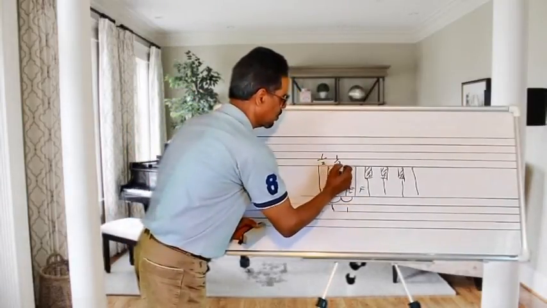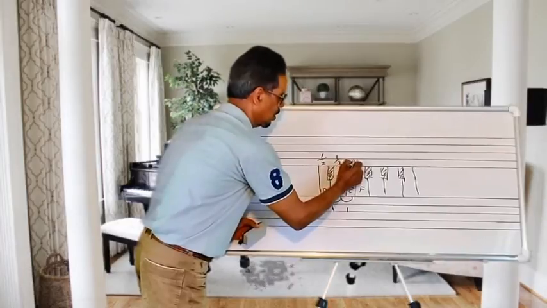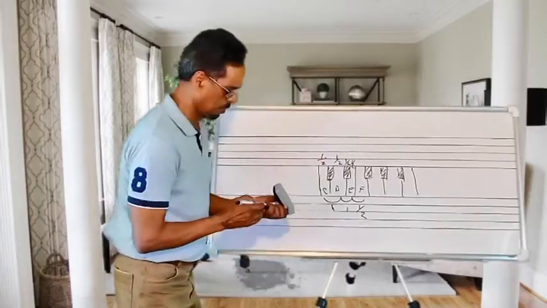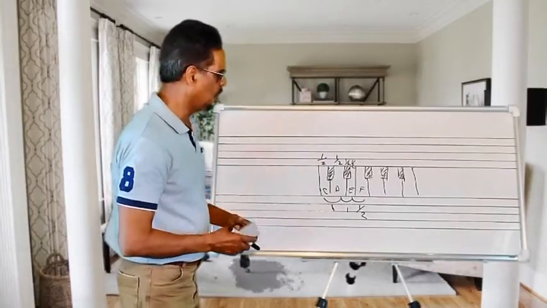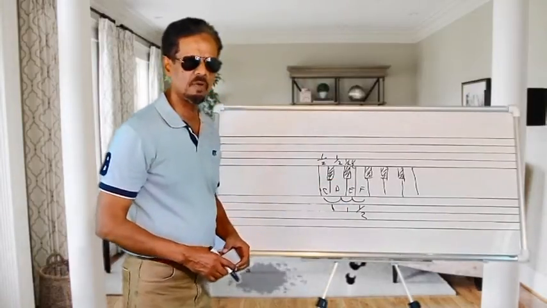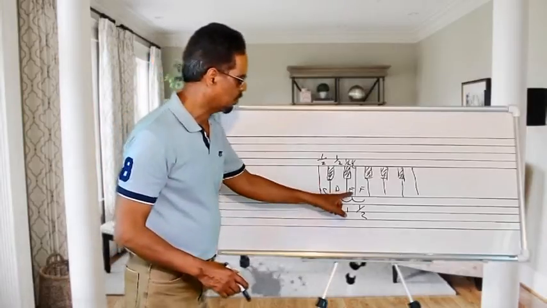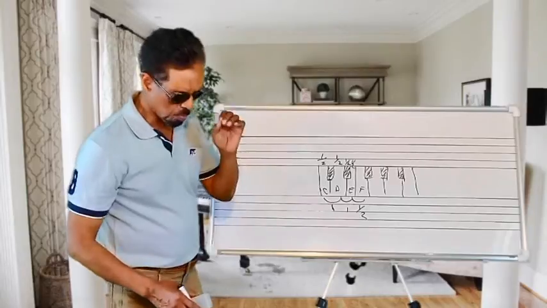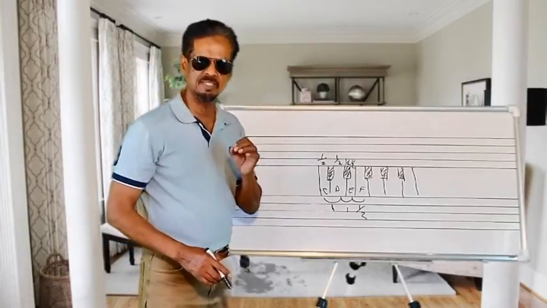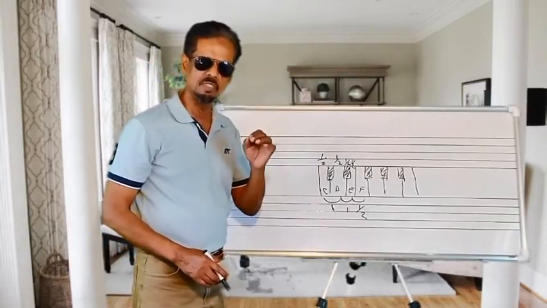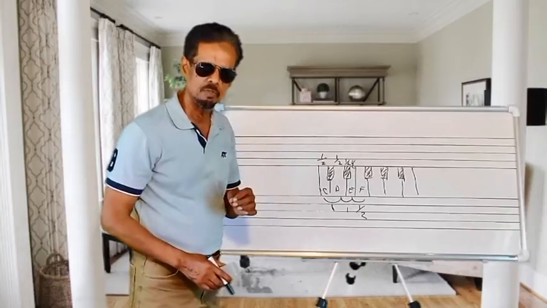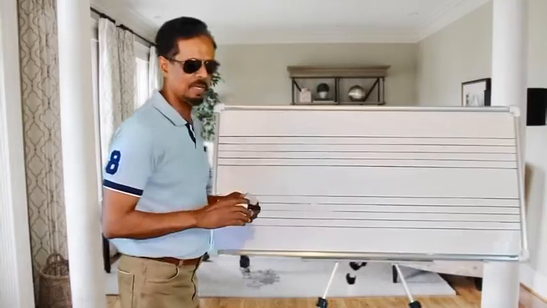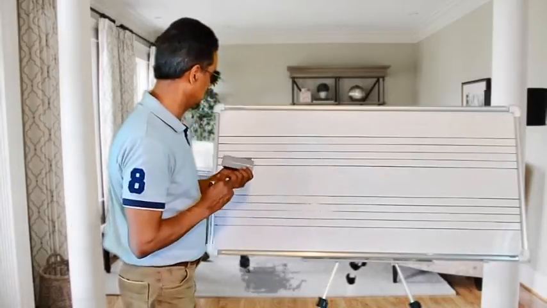We have two semitones. But from E to F is one semitone, because between E and F we don't have another key. The shorter distance. So to recapitulate, the shortest distance between two notes is a semitone.